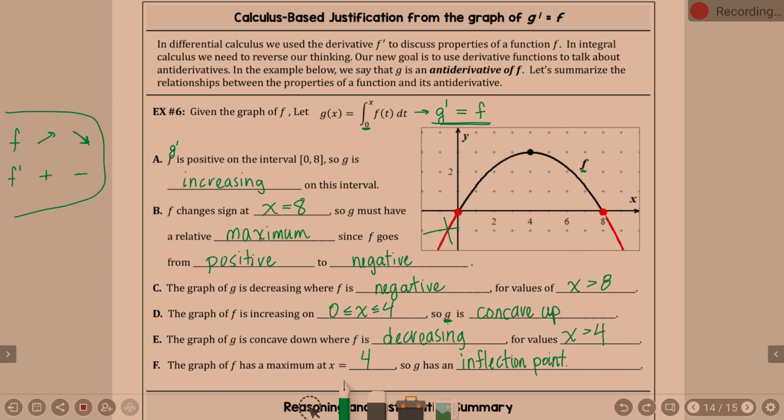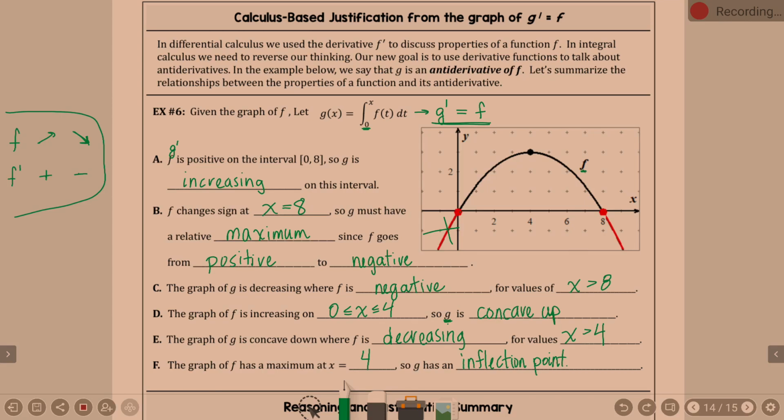Okay. I say we've answered everything, because everything that I have labeled on my picture is stuff that we have answered in the paragraph there.